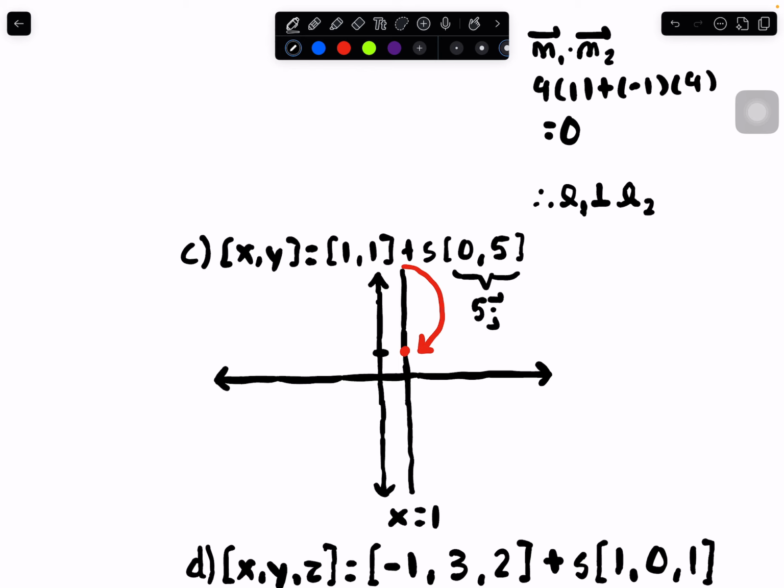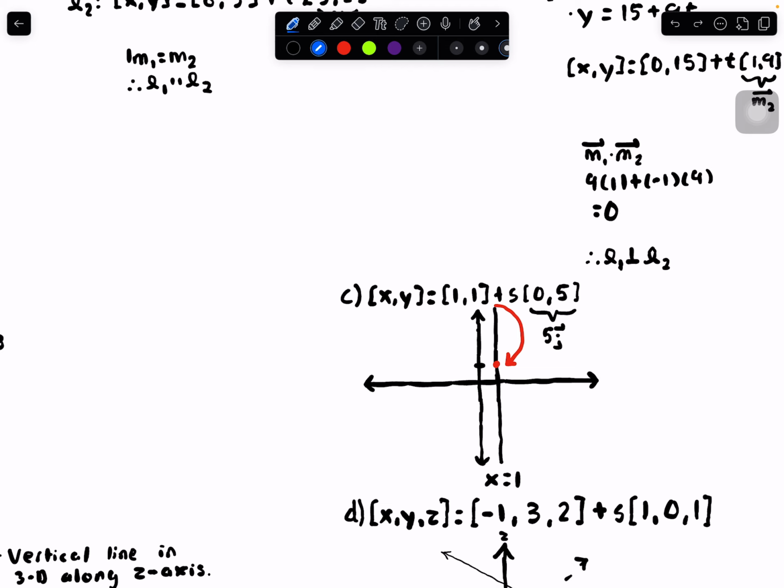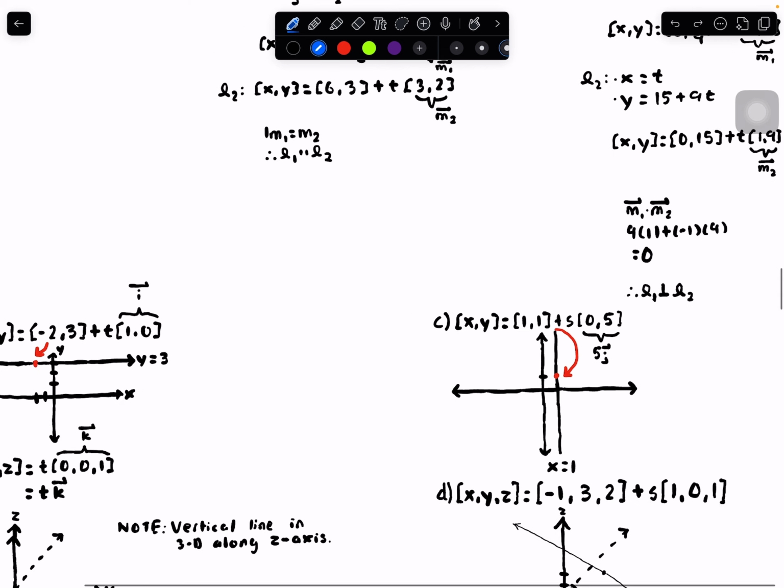So it's just going to be a vertical line, right? If s is negative, I'm going down this way. But if s is positive, I'm going up this way. There's a concept in first-year linear algebra called span, which makes understanding this problem quite simple, but I think I give a pretty decent explanation, hopefully.